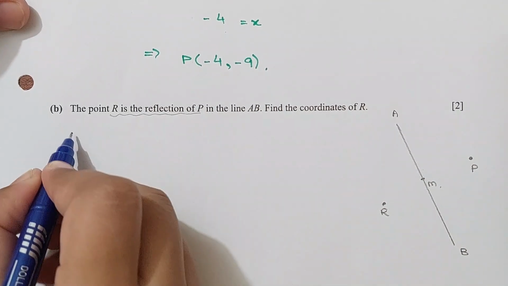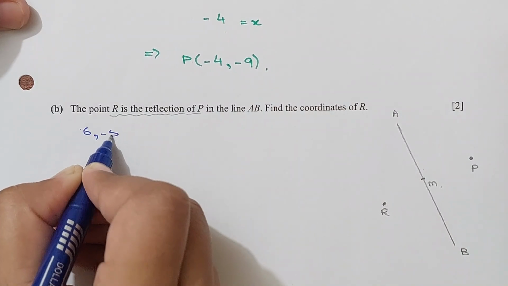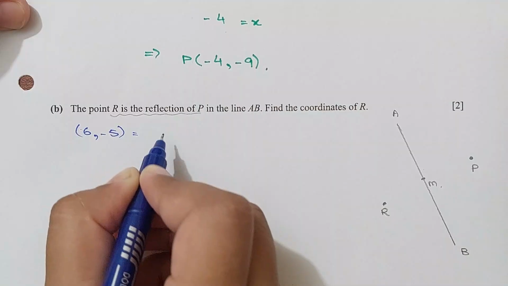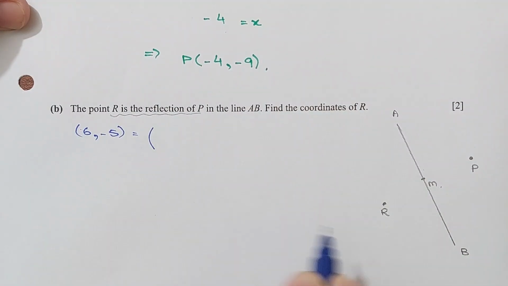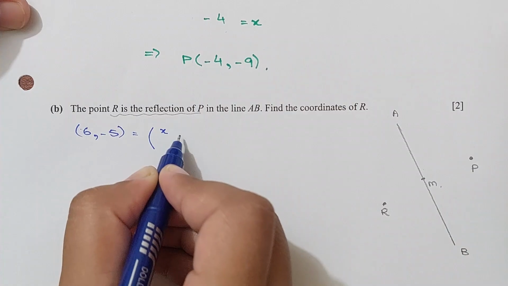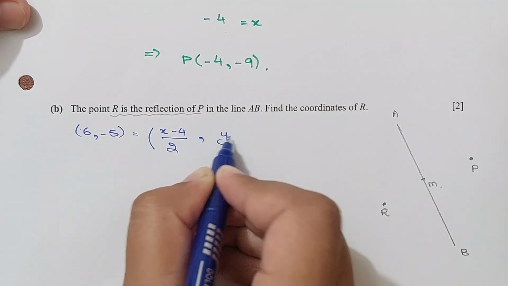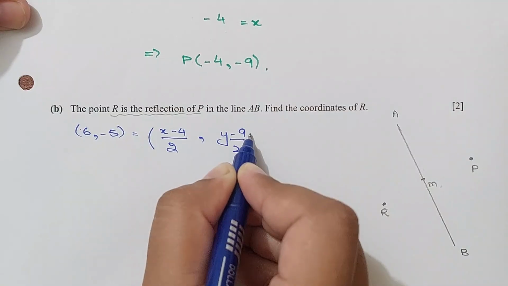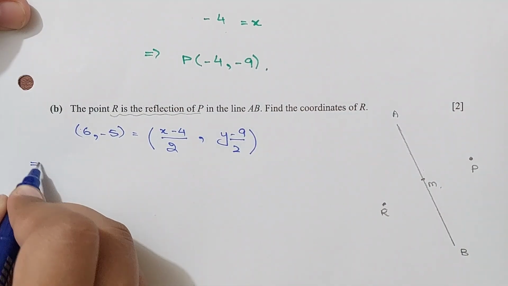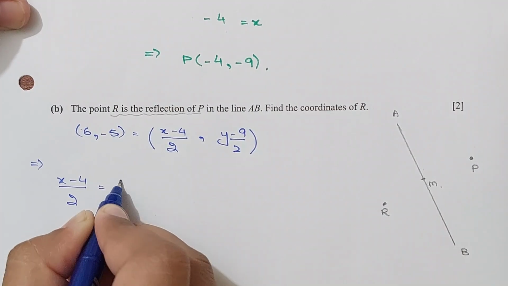So we can say the midpoint we have is 6, minus 5. This equals adding the x components and dividing by 2. Our x component is x and P's x component is minus 4, divided by 2, and y minus 9 by 2. All right. So from here we can say x minus 4 divided by 2 equals 6.